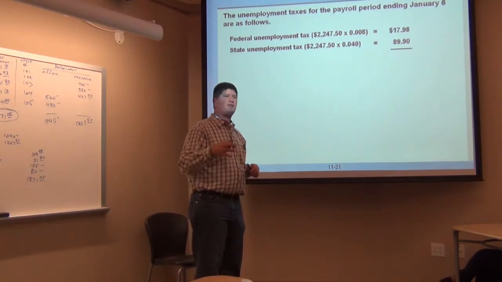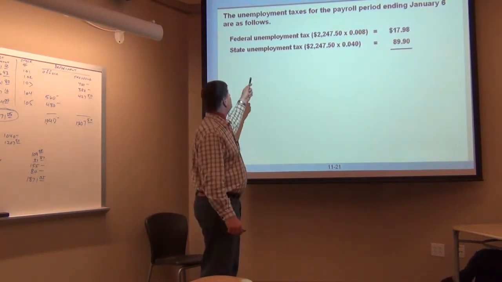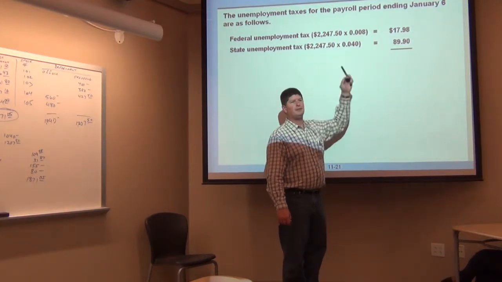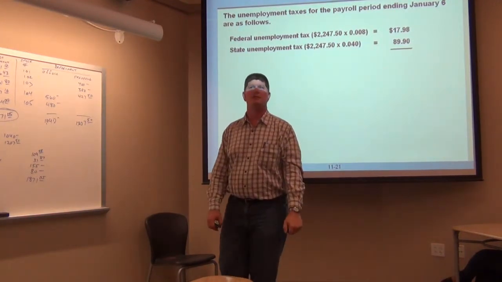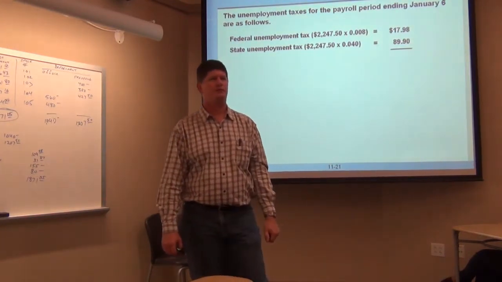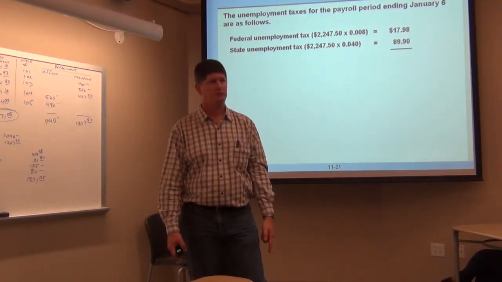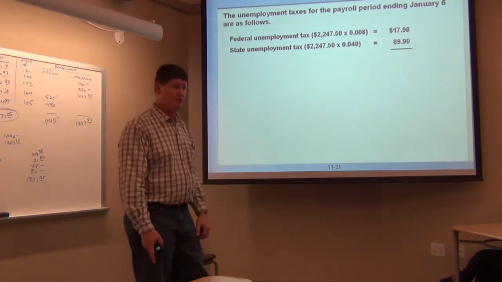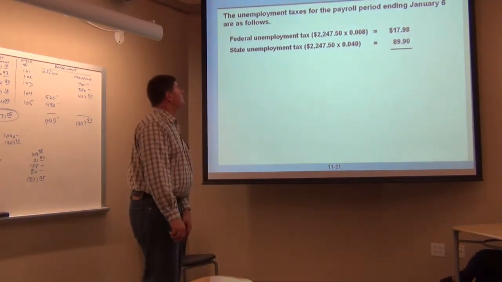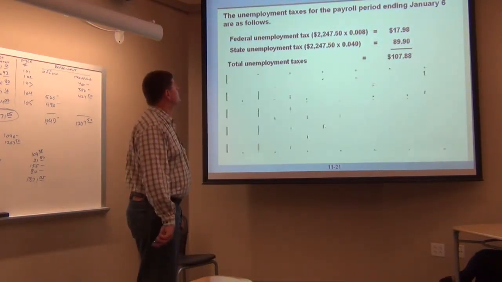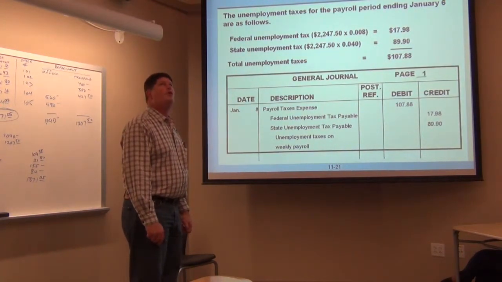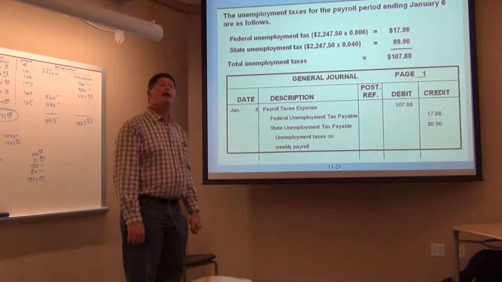The example is based on Texas. So the state unemployment rate for Texas is 4%. In California, it's 5.4%. It's more. Just because it's California. Isn't it less for small businesses, for new businesses? It's like 3.2, right, when you start a new business? It's based on your history.